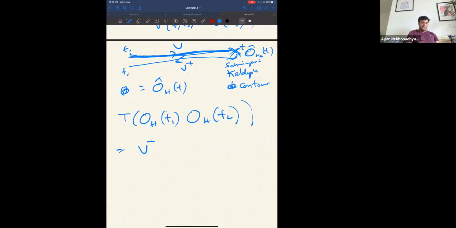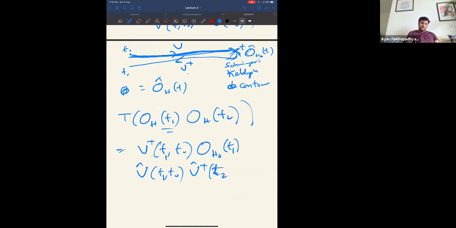This is nothing but V dagger(t1, t naught) times O_H0(t1), and then I have V(t1, t naught). This is what O_H(t1) is. Sorry, I should have written t1 here, t1 here, t1 here. And then I'm writing O_H(t2), which is V dagger(t2, t naught) times O_H0(t2) and V(t2, t naught).